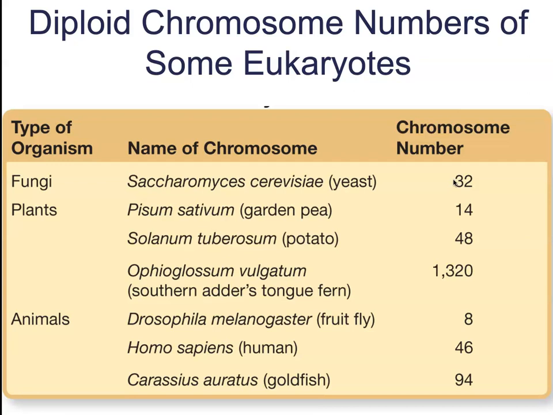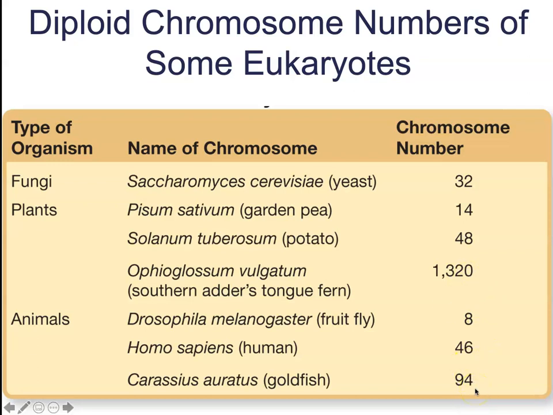Just because you have a certain number of chromosomes doesn't mean that the individual is necessarily more or less complex. For example, we have 46 chromosomes and the fruit fly only has 8 chromosomes. That seems fairly straightforward. However, the goldfish has 94 chromosomes.